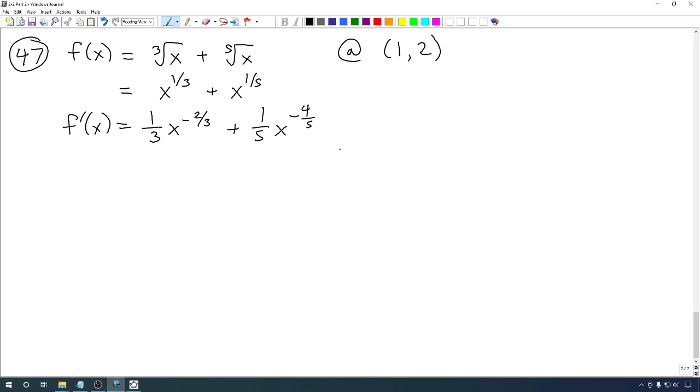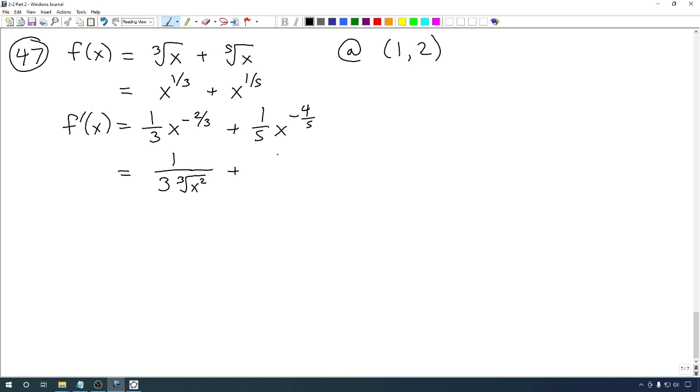And we could just leave it like this. Or if you prefer, at least for some practice, we could go ahead and rephrase this. Remember, the negative powers mean that both of these turn into powers of x in the denominator. So x to the 2/3, the third part of that becomes a cube root, and the 2 there becomes a square. So this term here is 1/3 times the cube root of x squared.